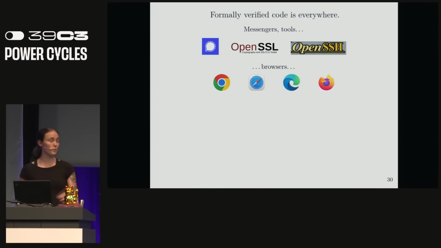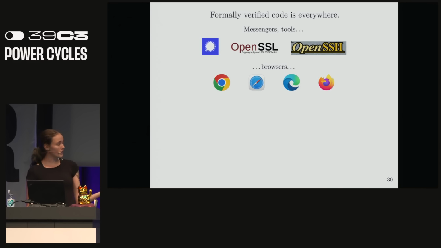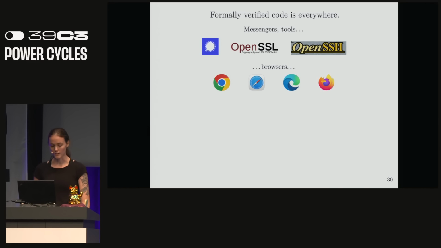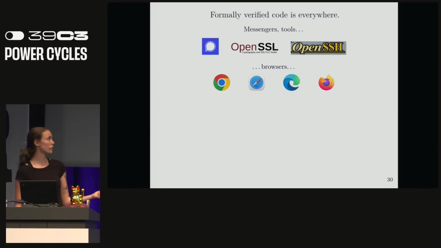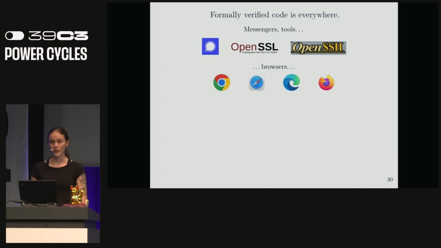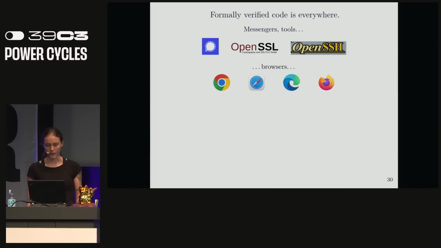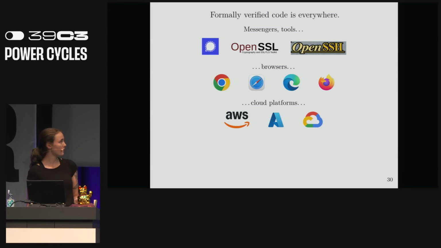If you use Chromium-based browsers, the TLS library for that relies on BoringSSL, which takes significant pieces of code from Fiat Crypto, the project that I mentioned that I worked on a few slides ago. If you use Firefox, it probably uses HACL*, which is a different verified elliptic curve cryptography library.